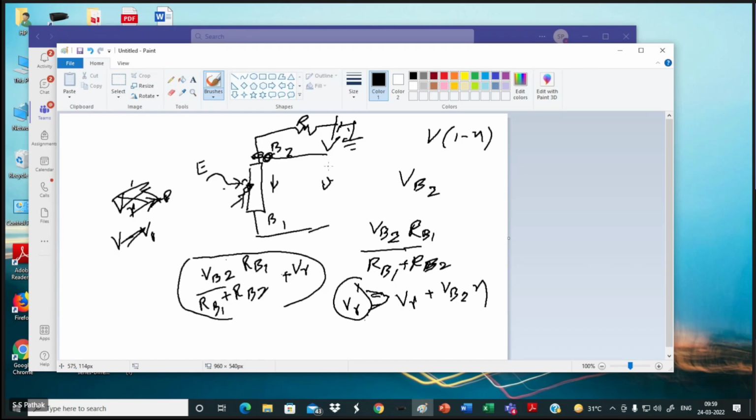If a capacitor came in, but the capacitor is not coming here, so that is not required. So it will be over this.